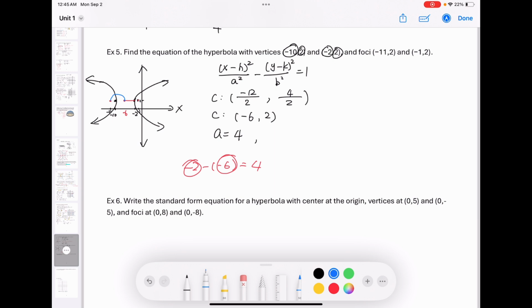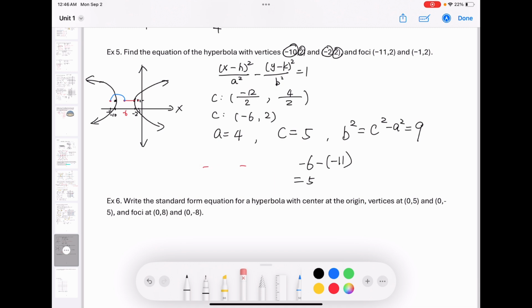That is my c value. c is equal to negative 6 minus negative 11, so the subtraction makes a positive 5. Can you find b squared? b squared is equal to c squared minus a squared, which is 25 minus 16, so it is 9. So b squared is 9, b is 3.